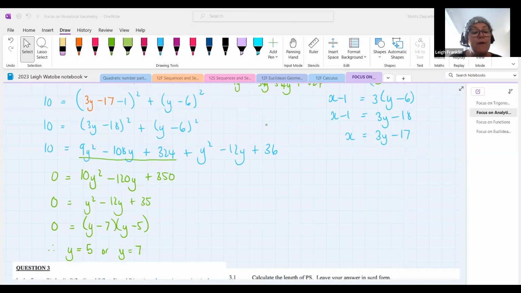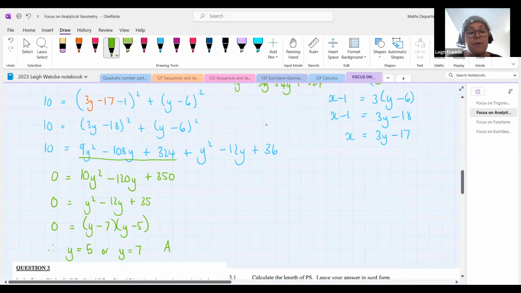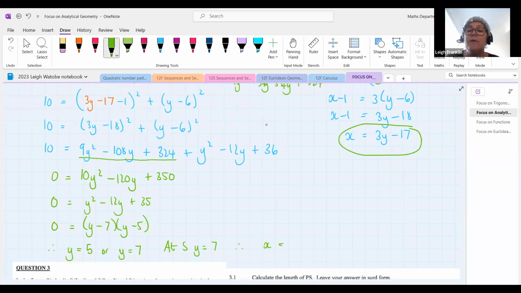So it's not 5 at S, y equals 7. And now we can go and solve for x. So we've got x equals, remember we're using this equation over here, 3 times y, and that would give us 21 minus 17, which gives us an answer of 4.